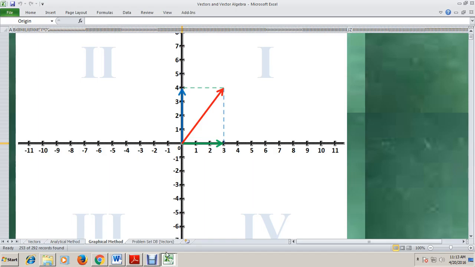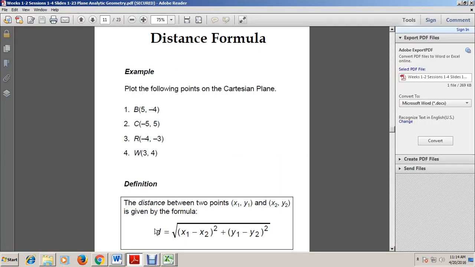If you look back at the distance formula and remove the root, we have d squared is equal to (x sub 1 minus x sub 2) squared plus (y sub 1 minus y sub 2) squared, which is of the form of the Pythagorean theorem.